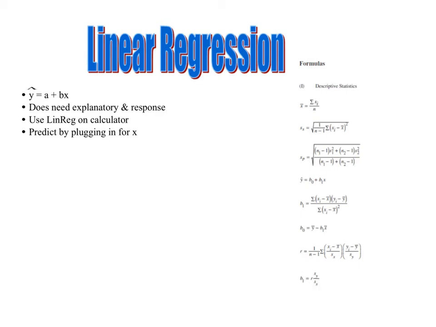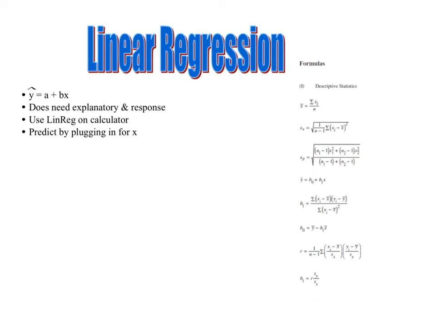Those are in there if you should ever need them. I don't know that you will often. If you did need one, it would probably be this one, that we can get the slope by multiplying the correlation by the change in y over the change in x, using the deviations.